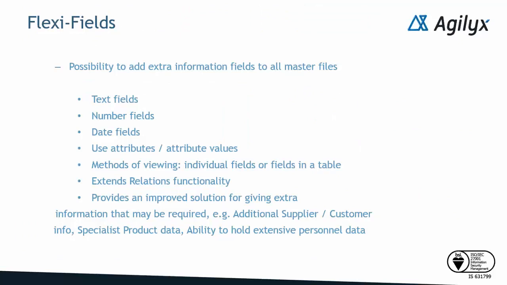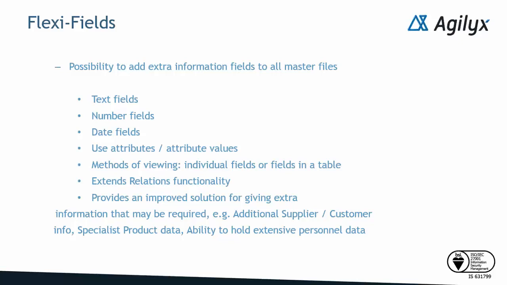And flexi fields. Flexi fields are quite good in the sense that they hold more information, and you would always have more information that you want to hold for an attribute or an area, for example suppliers, customers, employees. You might need some more space to hold that information, so flexi fields are a good way to hold that.